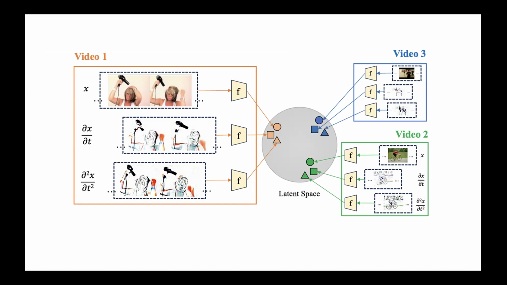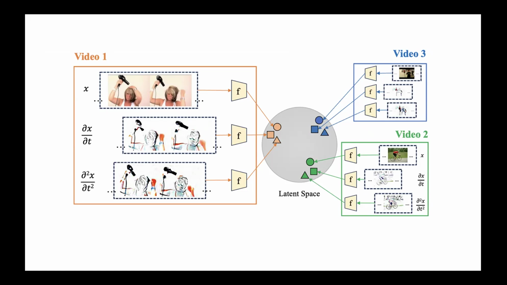You can do this with many different views, but in our initial exploration we stopped at the second order, and we train a model. The model needs to collapse different types of inputs into a consistent representation, invariant of the views. So in this case, the Taylor series expansion is the data augmentation we use.